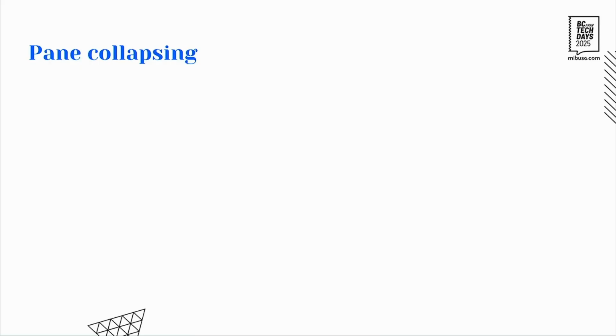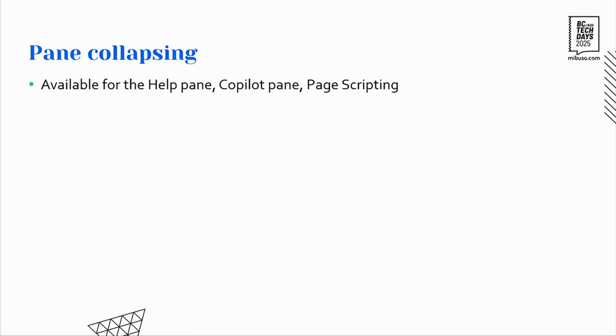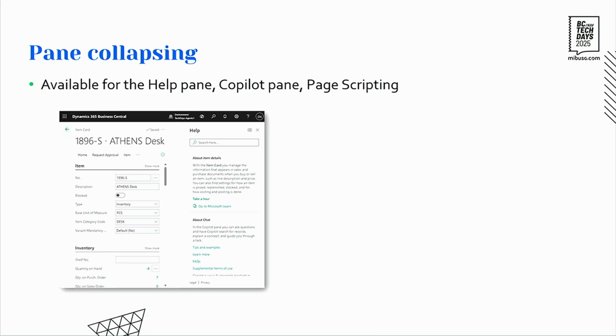So the first thing that we wanted to show you from the lab is actually the capability to collapse panes in Business Central. This started because, as you know, we do a lot of accessibility work trying to keep Business Central accessible everywhere, and we also have to support users that are zooming in, for example, to 400%, and they have a very small window, and they need to be able to use everything in Business Central, so the item card and the help.